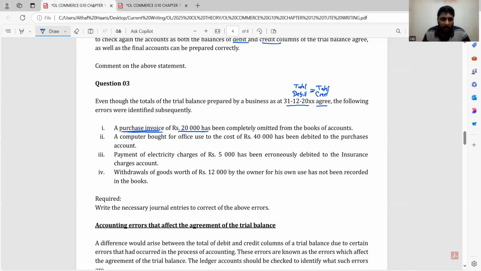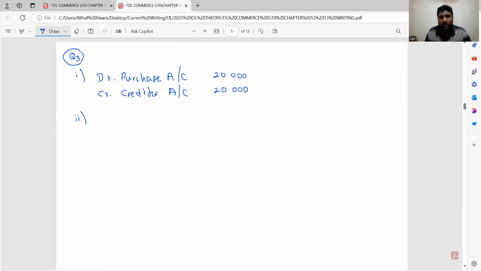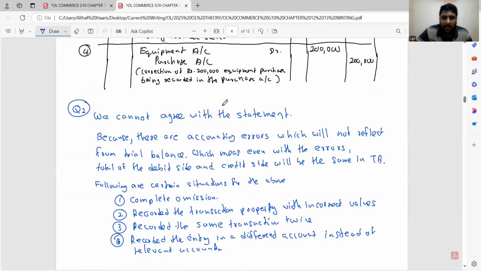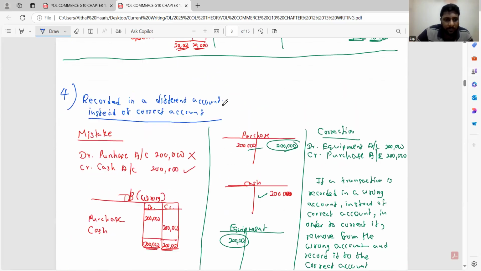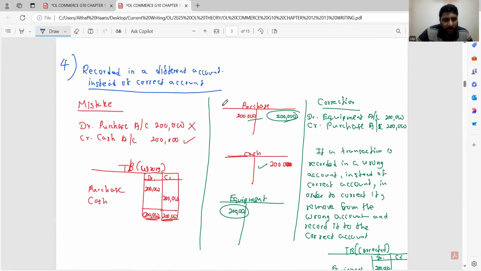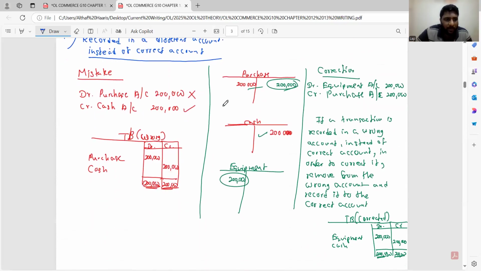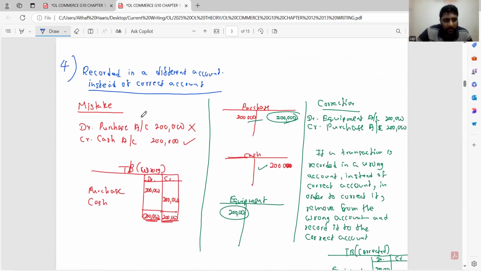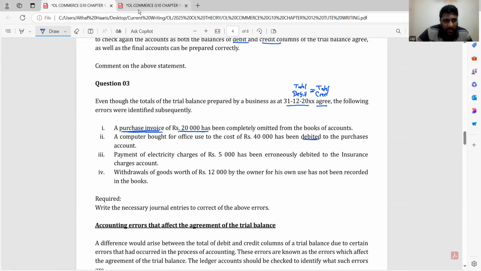You have debited the purchase account and credited the cash, like what we did last week. Instead of one account, you have recorded it in a different account. So I'll write the mistake first.